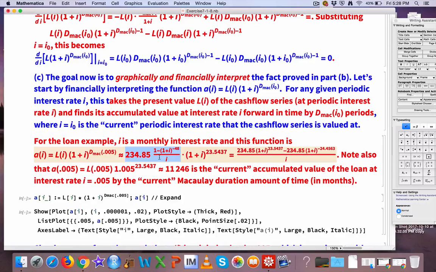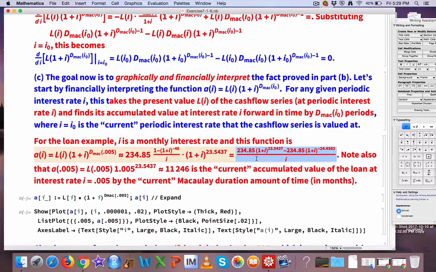That's L of I right there, times 1 plus I to the 23.5437 power. That's the Macaulay duration of that series of payments based on interest rate 0.5% per month. So this is A of I in this situation, and by multiplying this through the top of this fraction, you can rewrite the function this way if you like.